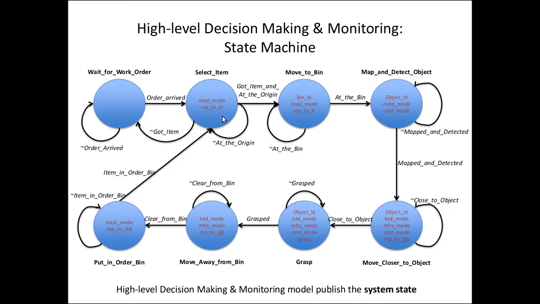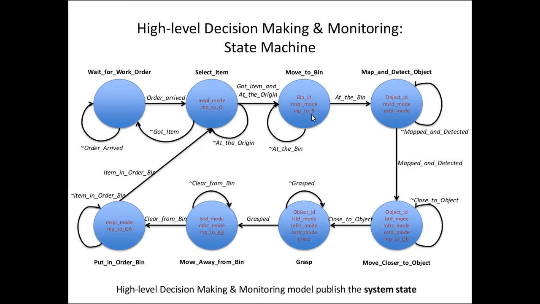So it will send a trajectory to the arm that it will follow without feedback, movement from the point where the arm is to the origin. And after I get this item, I move to this state, move to the beam, where this motion planner will receive the command move to the beam.